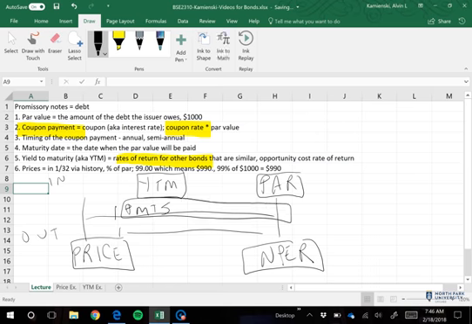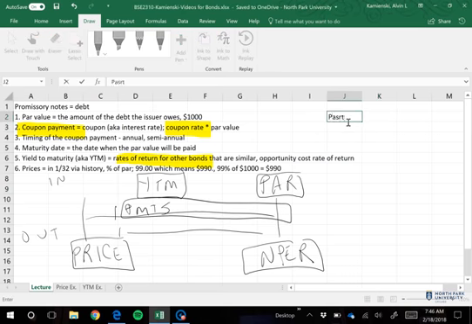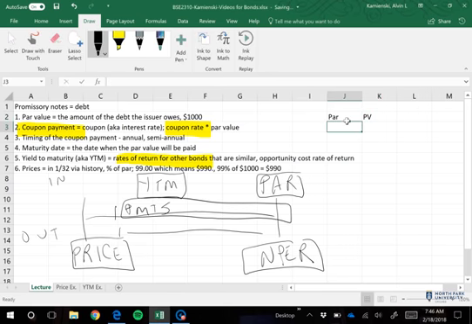And ultimately what that allows us to do is some translation here, where par is really just the new way of saying present value, and the coupon payment is really our payment, and the maturity is going to help us determine our N per.